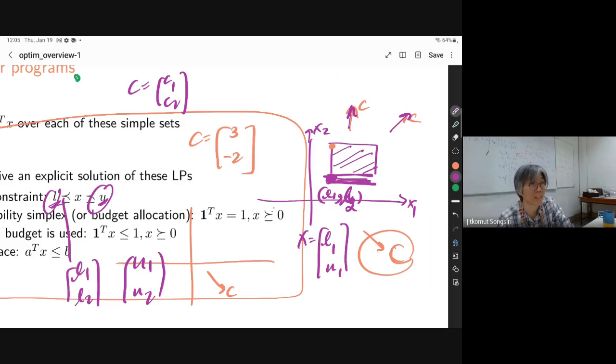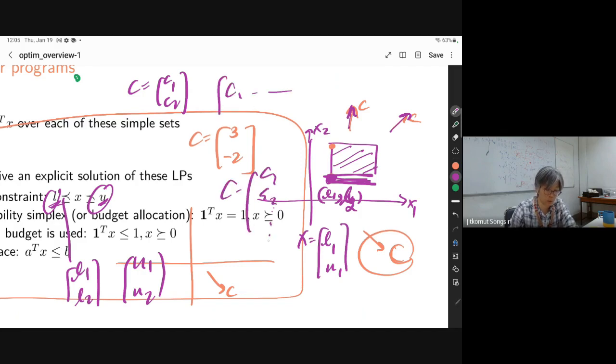Can you do something like this now? When you get into R2, if you finish the R2 case, can you extend it into the Rn case? Rn, your C is C1, C2, up to Cn.